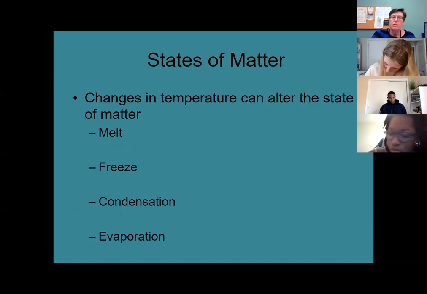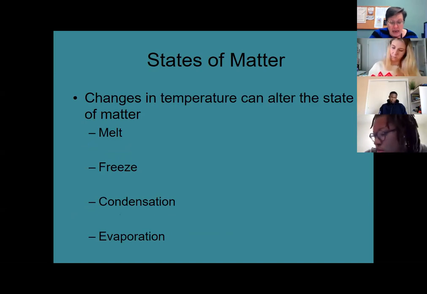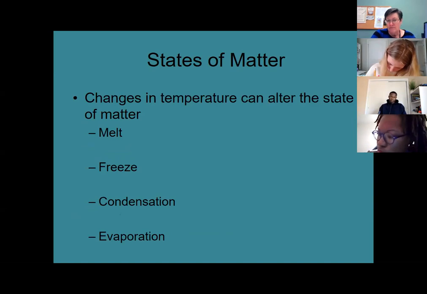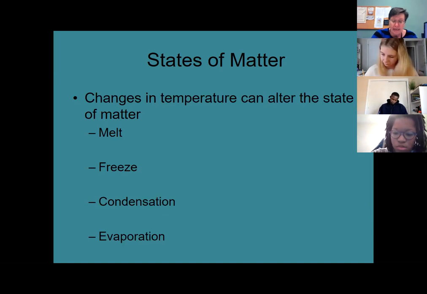So again, using water as our example, if water is frozen and we heat it, it converts from a solid to a liquid, or it melts. If we have water in a liquid state and we freeze it, it converts from a liquid to a solid.